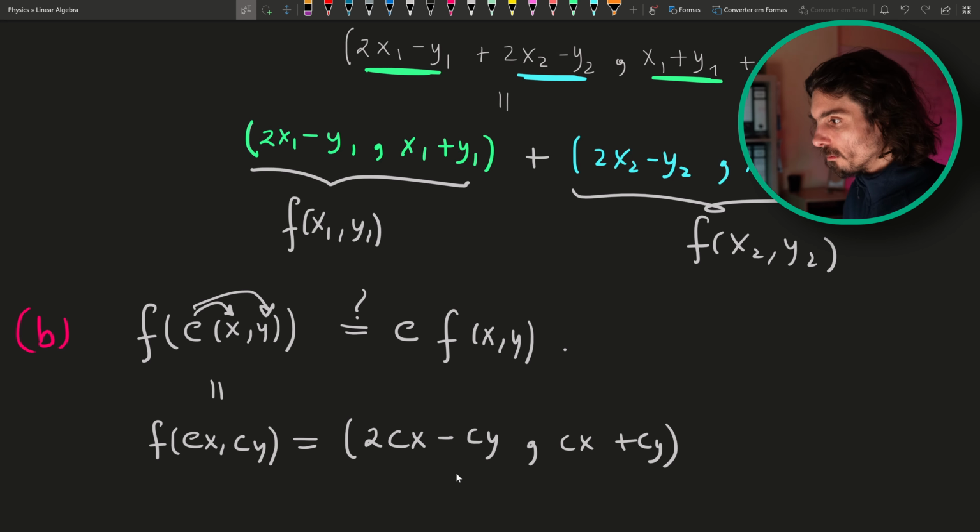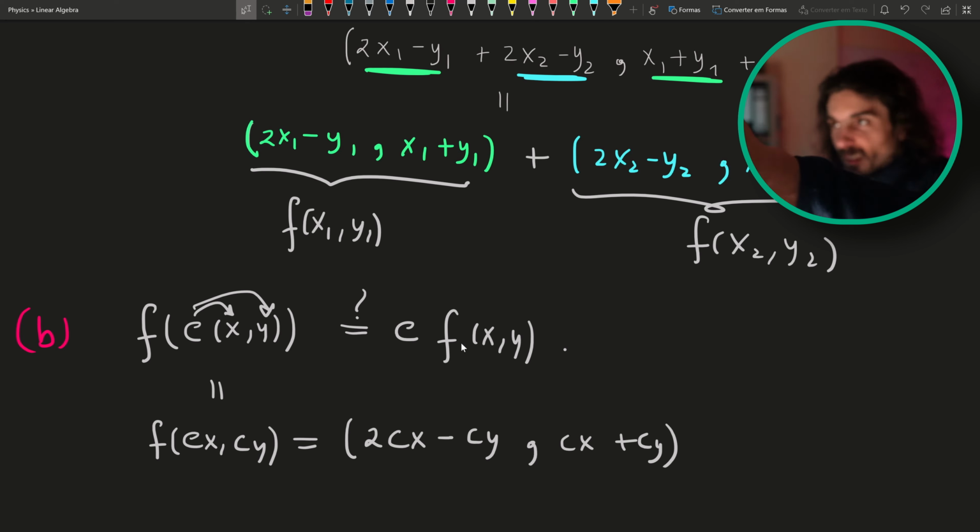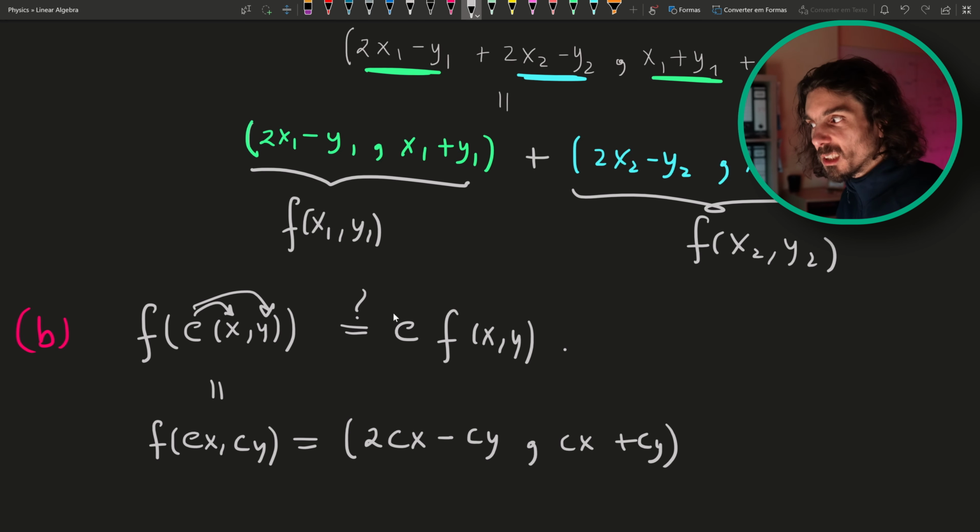Fine. Now let's try. You see, because you already know the destination. If the destination suggests to us that we can factor c from x and y, well, let's try to do that.